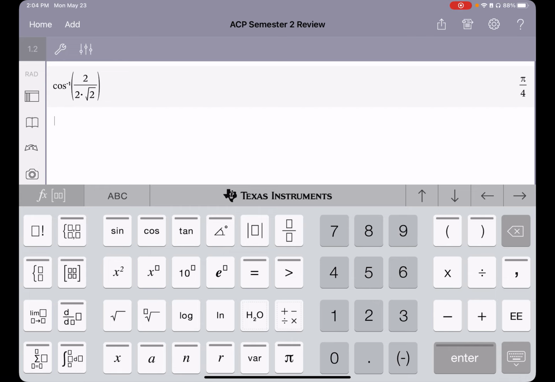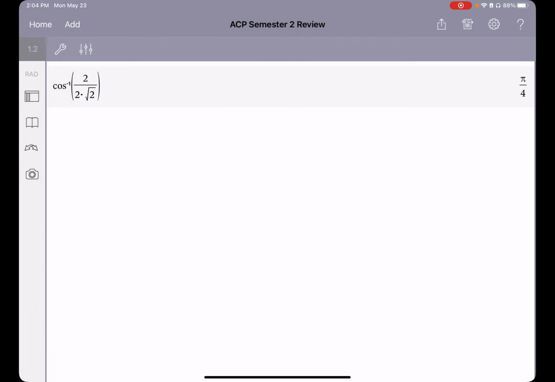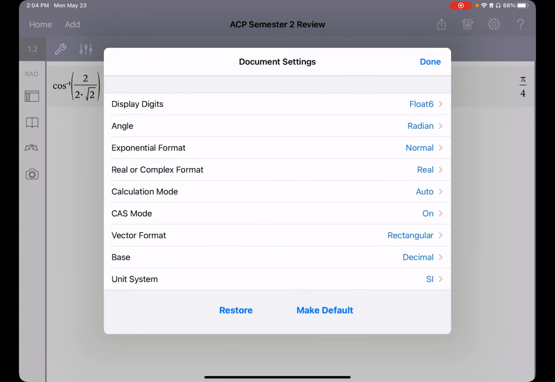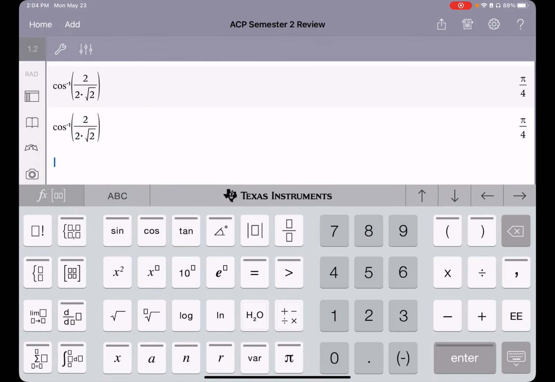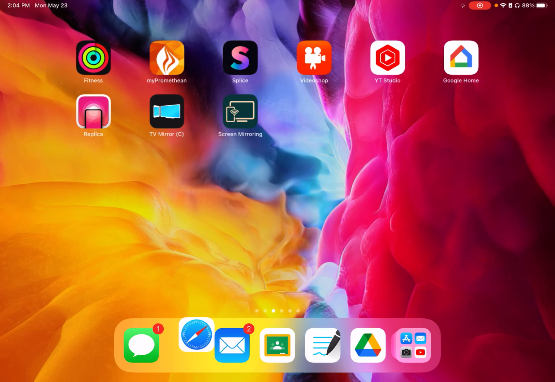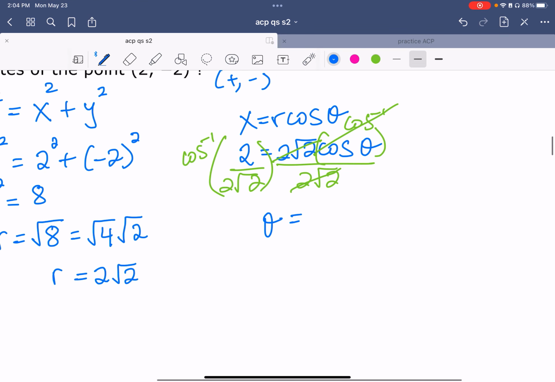So I am in radians right now. I need to be in degrees. Let me try this again. Okay, well, pi over 4 is 45 degrees. So theta is 45 degrees.